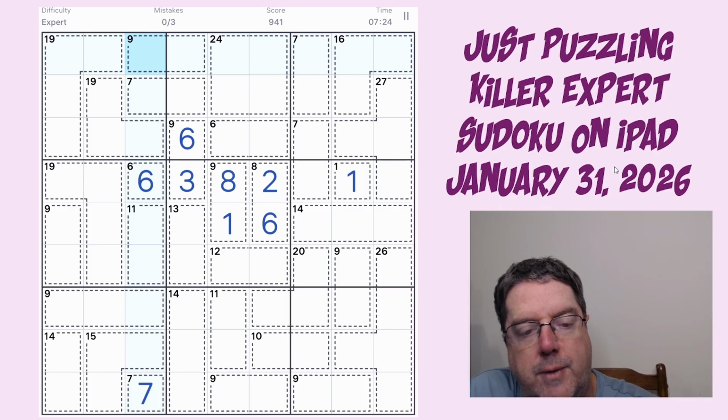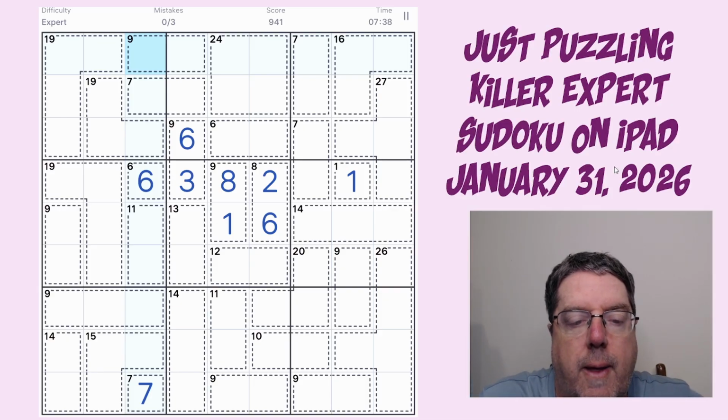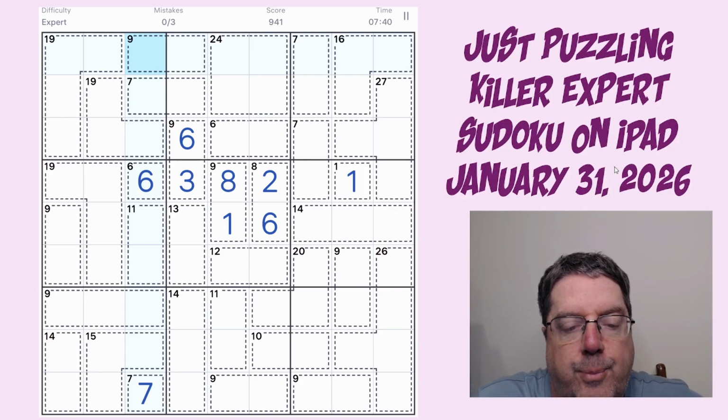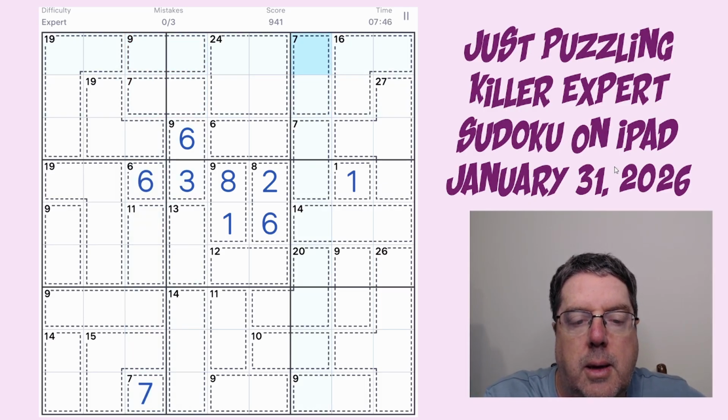So that makes sense. If this is a 5, this is going to be a 2. This would be a 7, and this would be a 2. So that's not entirely correct. Okay. So they both work. But 5 and 2 can't be here.